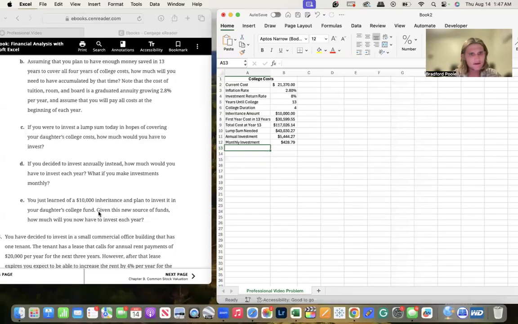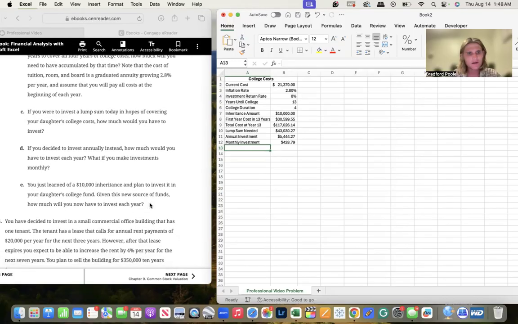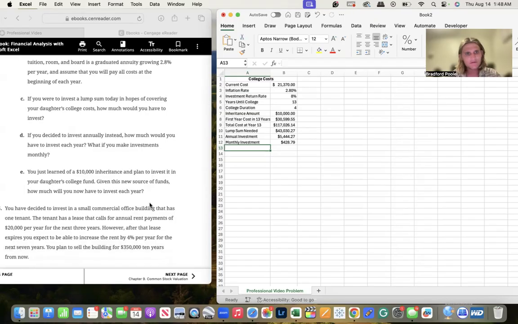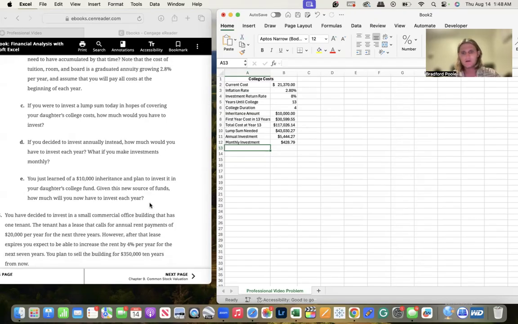Next, they ask us, you just learned of the $10,000 inheritance and plan to invest it in your daughter's college fund. Given this new source of funds, how much will you now have to invest each year? So it's going to be annual investment.